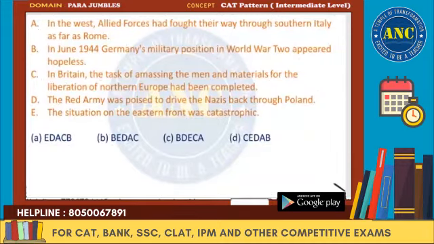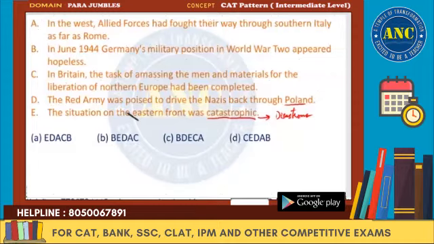And E, the situation on the Eastern Front was catastrophic, a big, huge disastrous situation, right? If you look at the geographical map, it makes sense that you're talking about Germany. In the West, there are the Allied forces through Italy. In the East, through Poland, you're talking about driving.